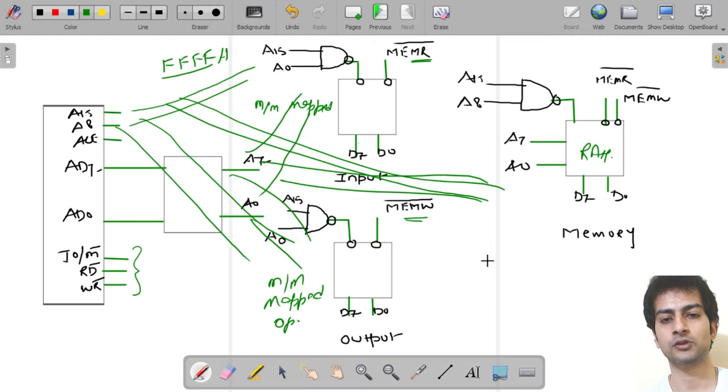Suppose with 2 to the power 16 combinations, 65536 addresses can be generated.